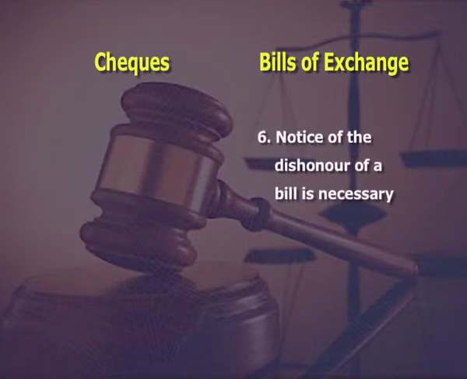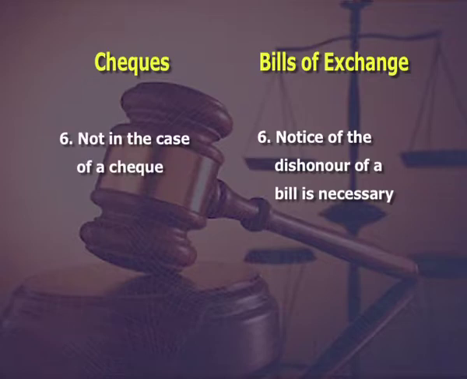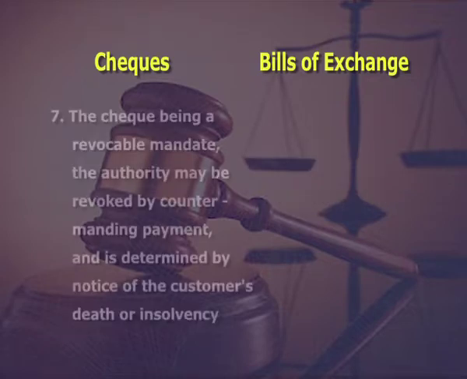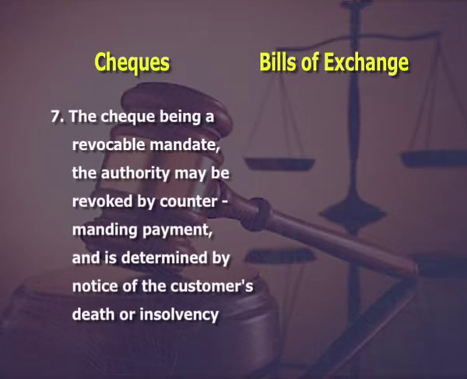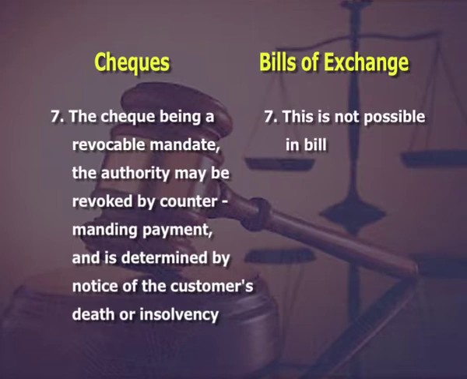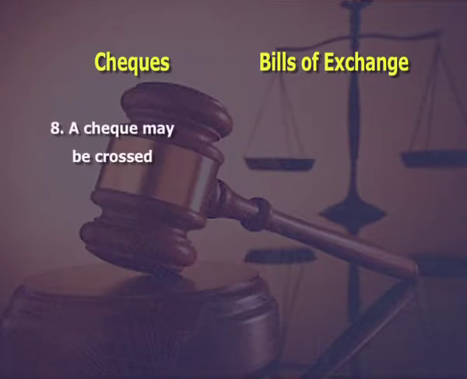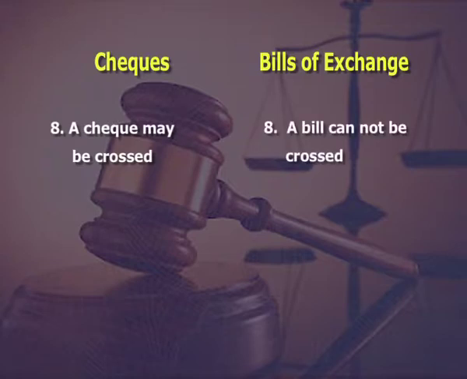Sixth, notice of the dishonor of a bill is necessary, but not in the case of a check. Seventh, the check being a revocable mandate, the authority may be revoked by countermanding payment and is determined by notice of the customer's death or insolvency. This is not so in the case of a bill. Eighth, a check may be crossed but not a bill.